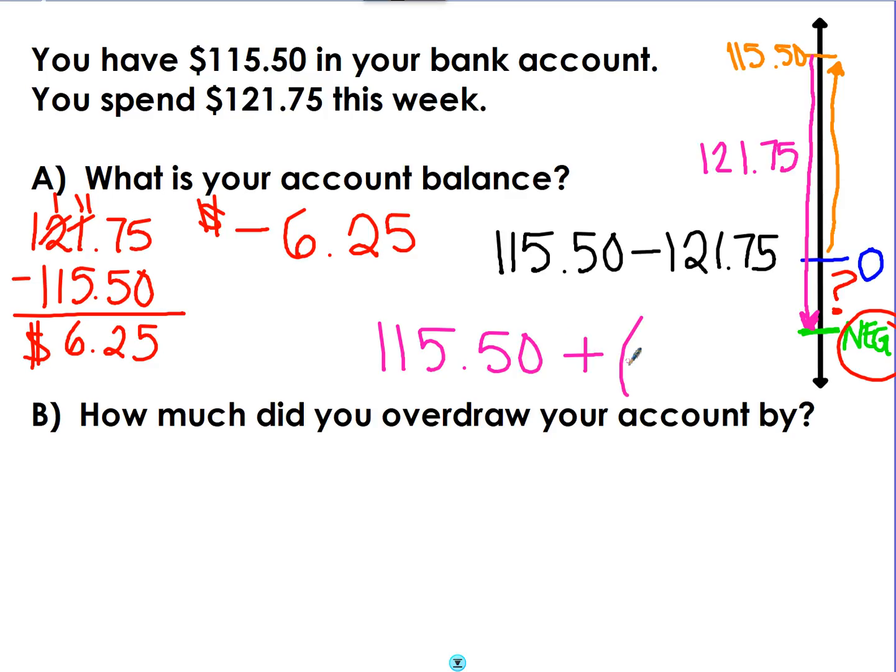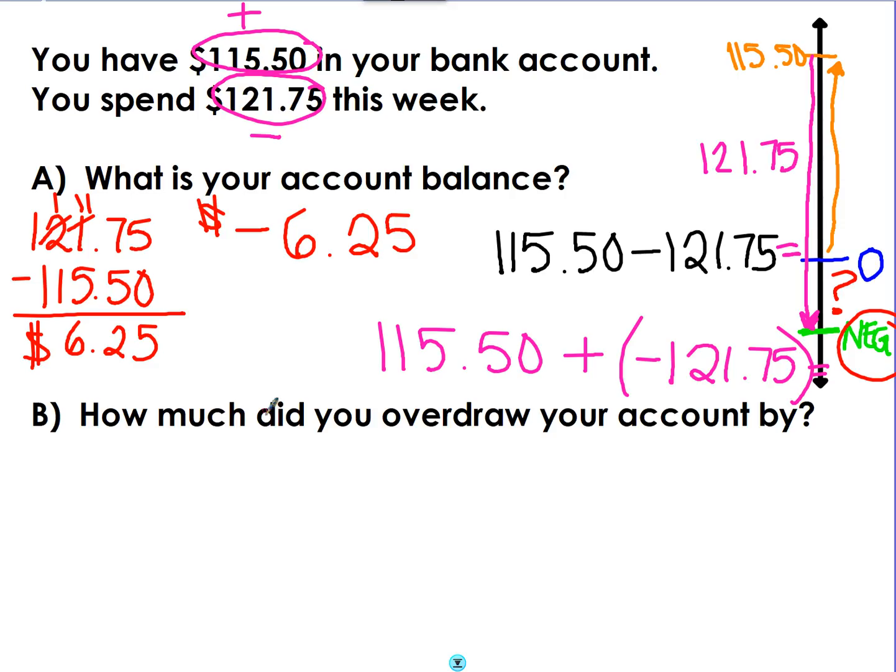And in this case, spending means that this piece is negative. Having means that this piece is positive. So I have a positive $115.50, but I have a negative $121.75. Both of these expressions end up being the same thing, but both would give me the expression needed to find the account balance.